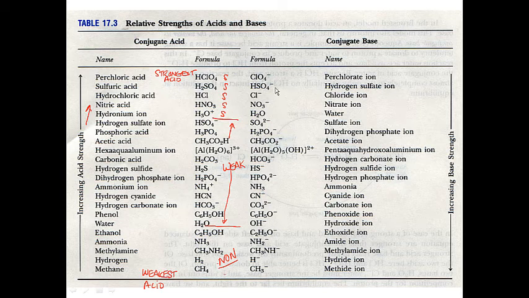So now I come over here to the conjugate base side. Perchlorate ion is the conjugate base of perchloric acid. Chloride is the conjugate base of HCl. Nitrate's the conjugate base of nitric acid. So I can draw my same lines here. And now I can ask the question, how would I classify this set of conjugate bases?